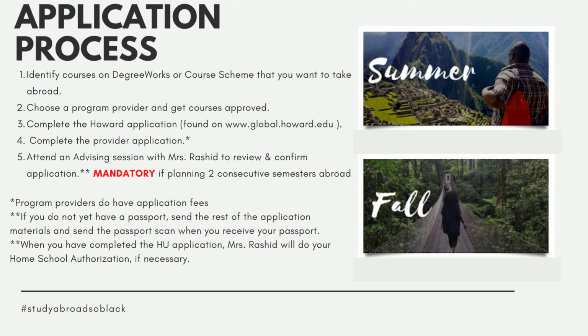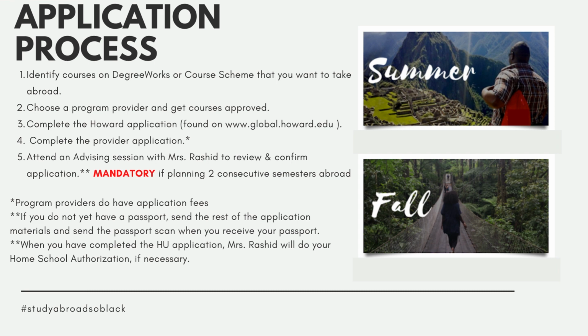That course approval form is the way that you know a program works for you, because the academic department has signed off on your ability to swap the classes that you would have taken at Howard for those classes abroad. Then you can move on to your provider application.